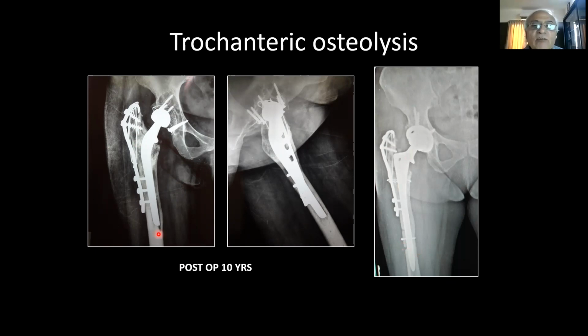You look at this, there was a lot of cement here, so I made a small window here. I left the plate there. I just loosened the screws, these 3 screws here, 2 screws here, and I got entry, and after that I tightened them. So this is the follow-up of this lady, maybe 2 or 3 years. So this is the way of trochanteric fixation: either you put trochanteric wiring or a hook plate. That's the reason I wanted to show you.